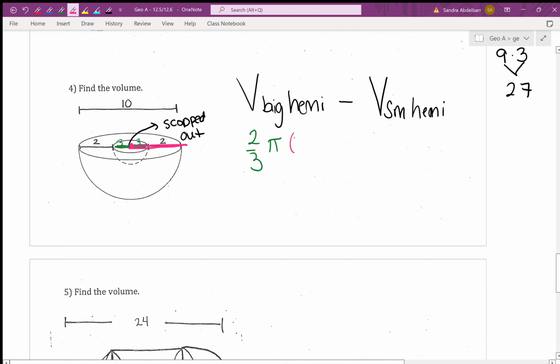So pi times 5 cubed. So we have 2/3 pi times 125. 3 does not go into 125, so we are going to get 250 over 3 pi minus 2/3 pi 3 cubed.